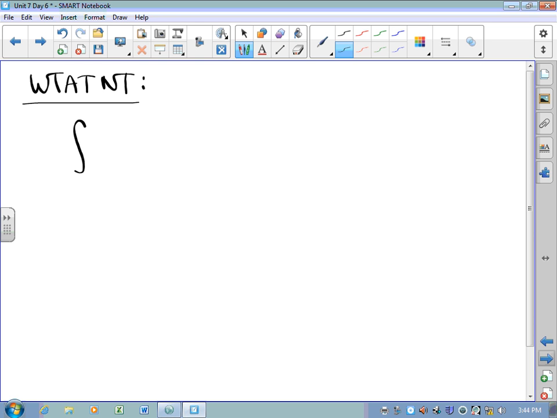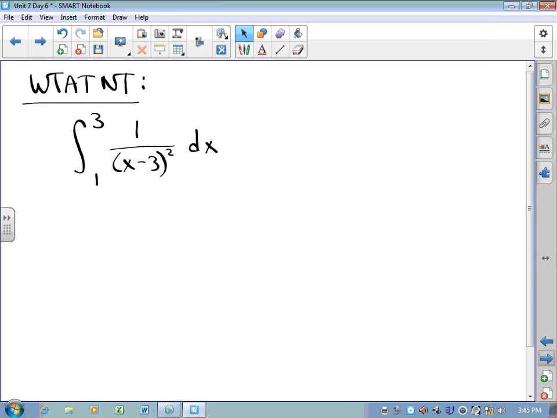Integral from 1 to 3 of 1 over (x minus 3) squared dx. If we were to write that out as a limit of a finite integral, find an antiderivative, substitute, and subtract, use the limiting process, what would happen to that?